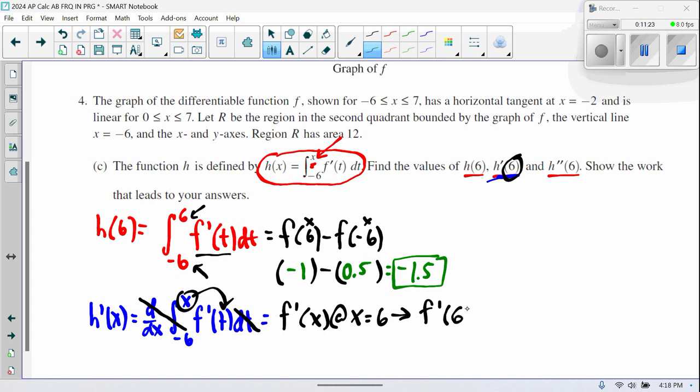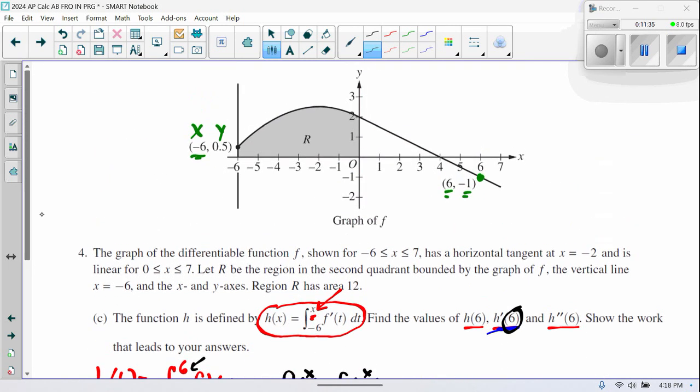Okay, f prime is the slope of f. So I just want the slope of f when x is 6. Let's go up here. It's 6 right here. So I basically just want the slope of this line.